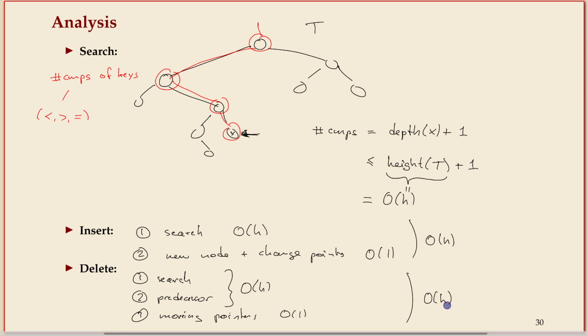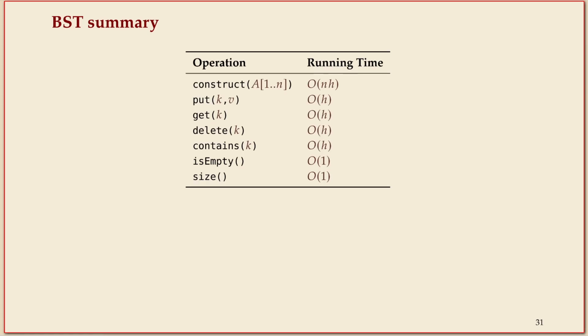So all the 3 operations are bounded by the height of the tree. So it looks like the height of the binary search tree is a really important parameter. To summarize what we've seen so far, this also translates to the symbol table operations. As I said, coding this up is a little extra step that we won't do here. But that's what you get from this.